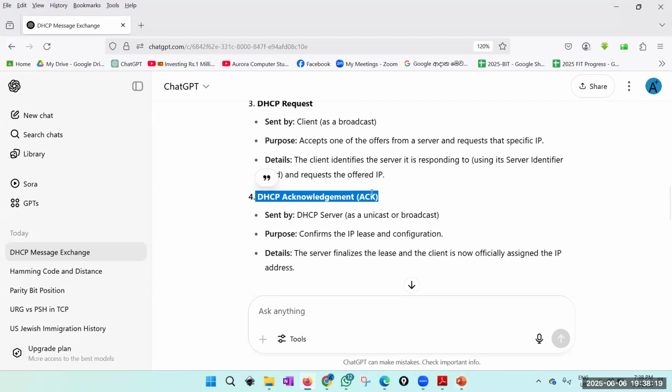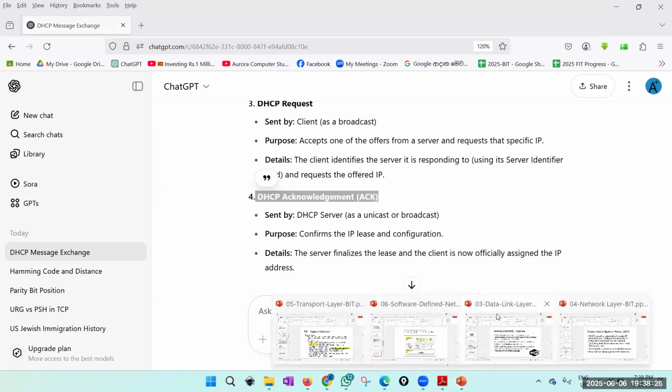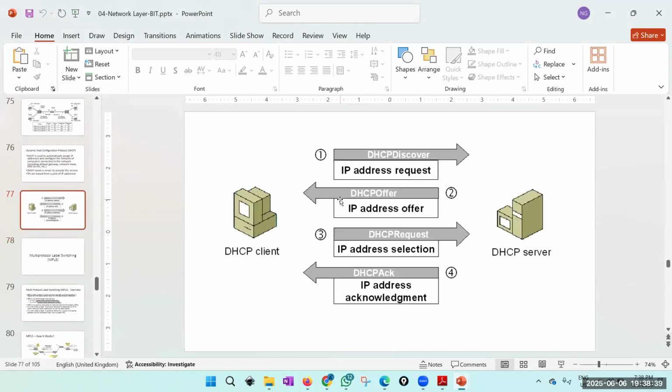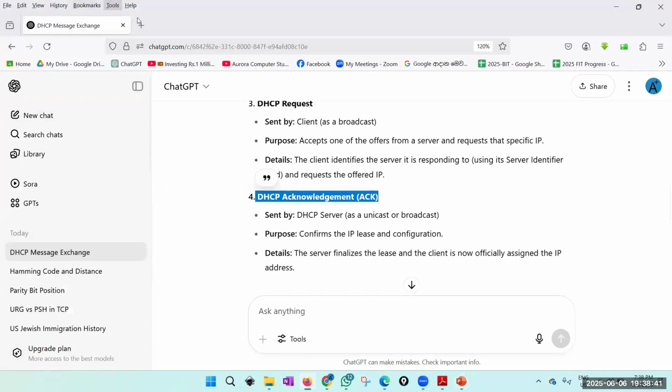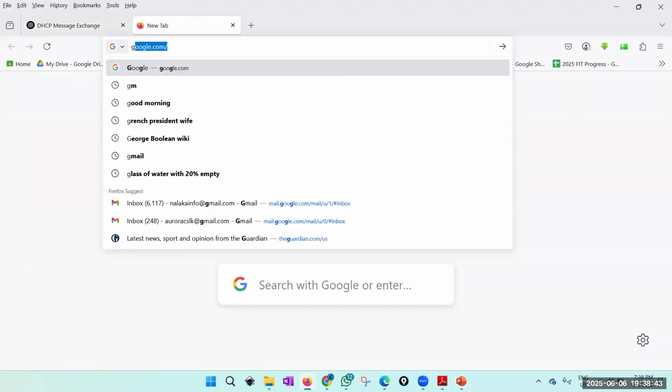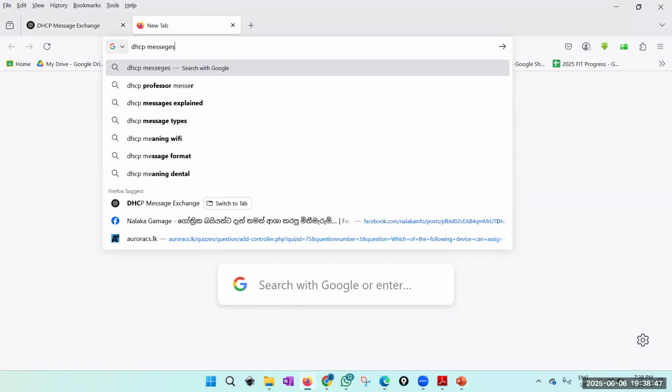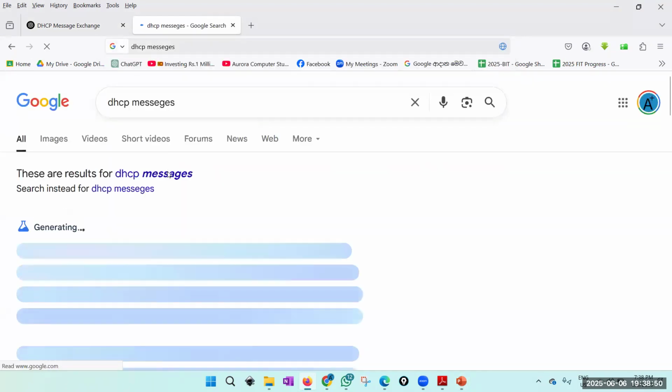Okay. Anyway, it was not mentioned in your UCSC note, therefore I haven't added it. But there's an image in our note, but it's not very detailed, right? It is not very detailed because it doesn't have the discover. Okay, discover. That is the only issue. Maybe DHCP messages image.